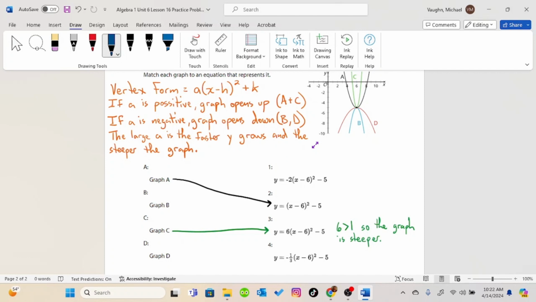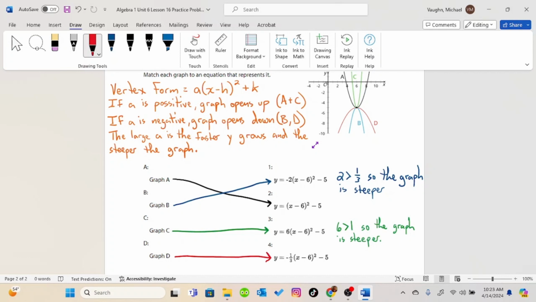We can see that 2 is greater than 1/3, so the graph is steeper, so that means B, which is a steeper parabola, matches number 1, while D, which is a shallower or wider parabola, must match number 4.